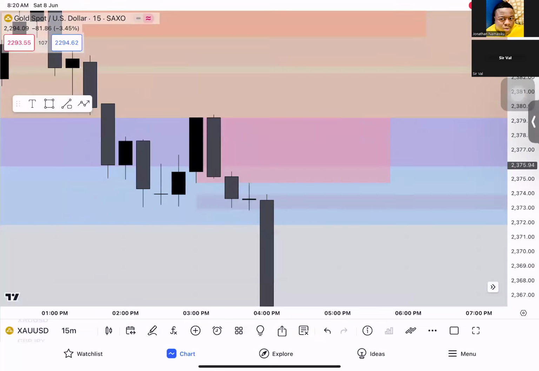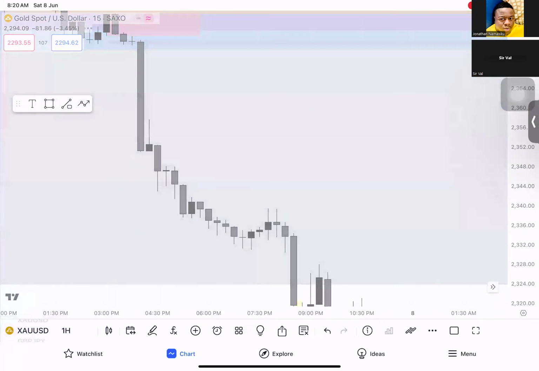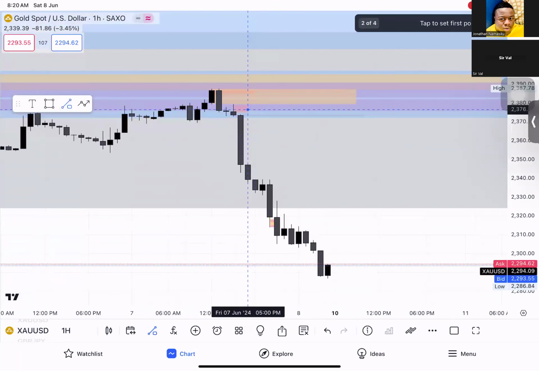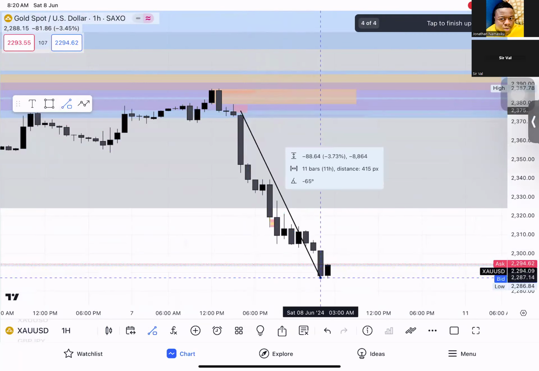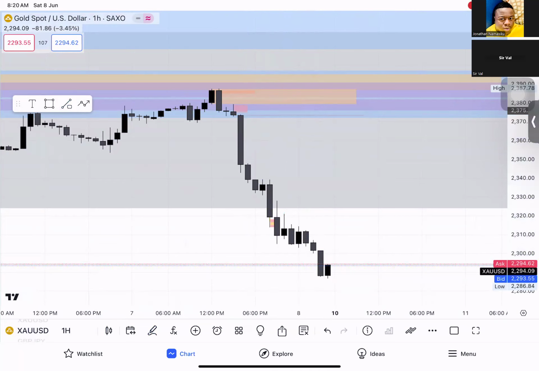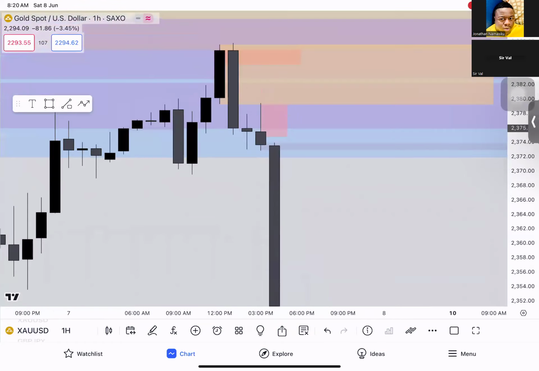How much did it run? This is wonderful, around 800 pips, almost 900 pips. Very crazy, in one day only, because there was NFP, right?